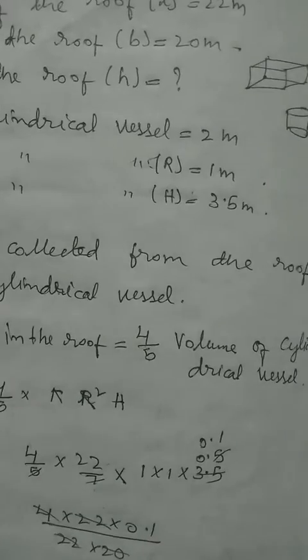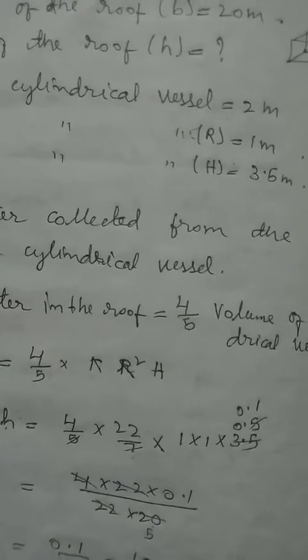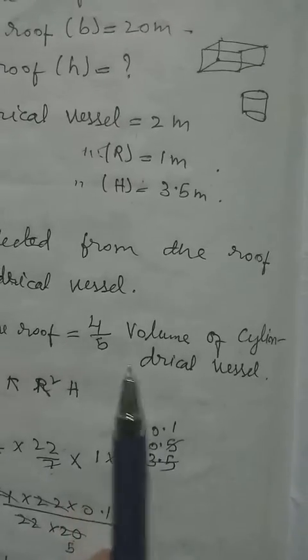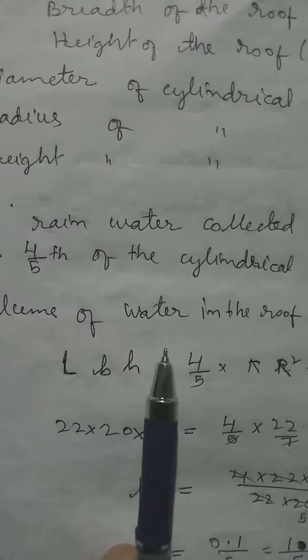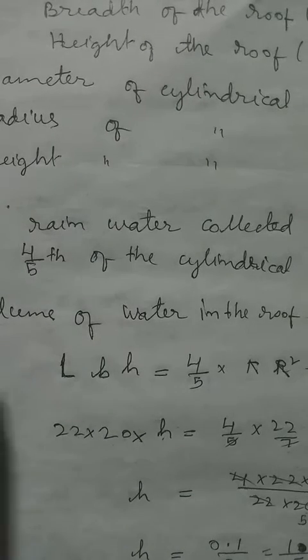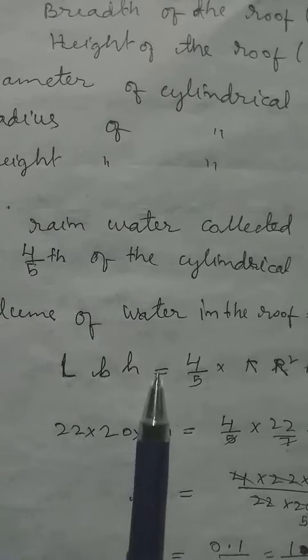So we can write the volume of water in the roof, which is in the form of a cuboid, equal to 4 by 5 volume of the cylinder according to the question. Volume of water in the roof in the form of cuboid, we can write length into breadth into height. Then we have 4 by 5 volume of cylinder, pi r square h.